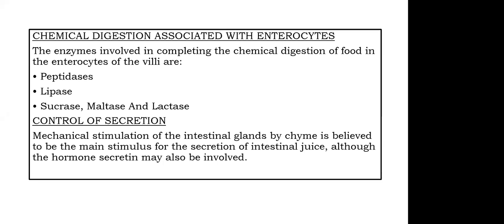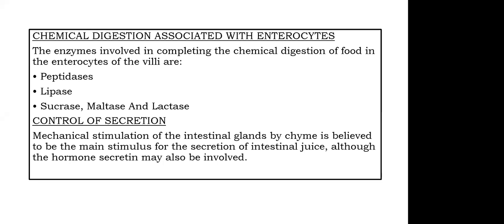And with all these things, the remaining digestion of carbohydrates, proteins, and fats will occur in the intestine. Some would have been left out; the complete digestion has not happened, but it will be completed in the intestine by these enzymes, the peptidases, lipases, sucrase, maltase, and lactase.